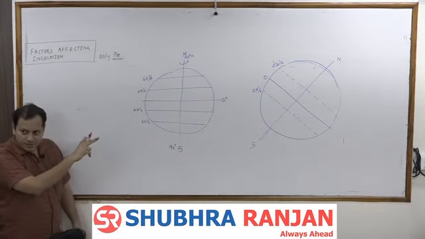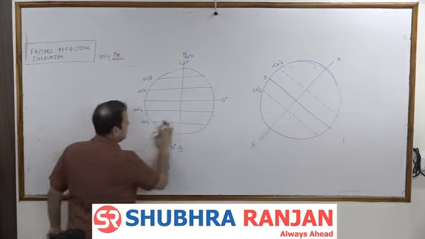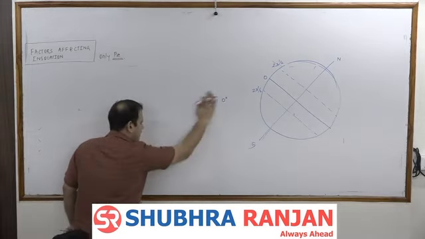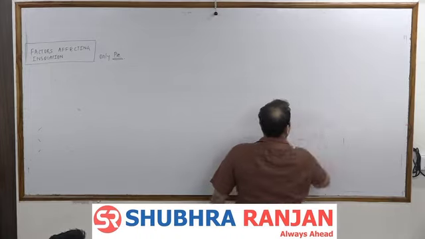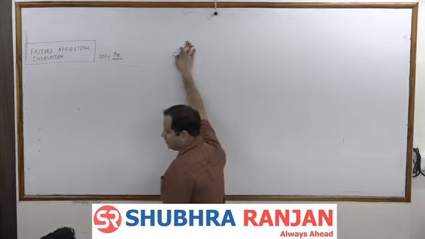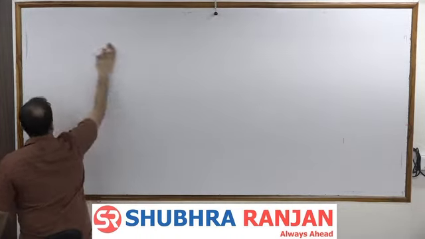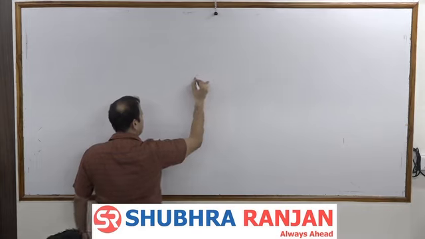So have you understood this concept? Now, Earth, which is tilted at an axis, it also revolves around the sun. So understand this is our sun.